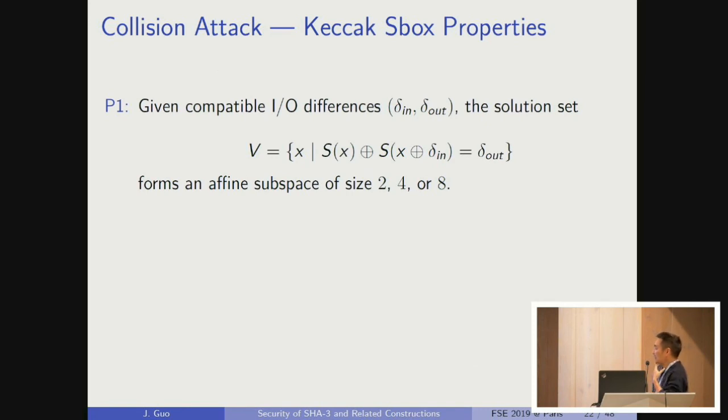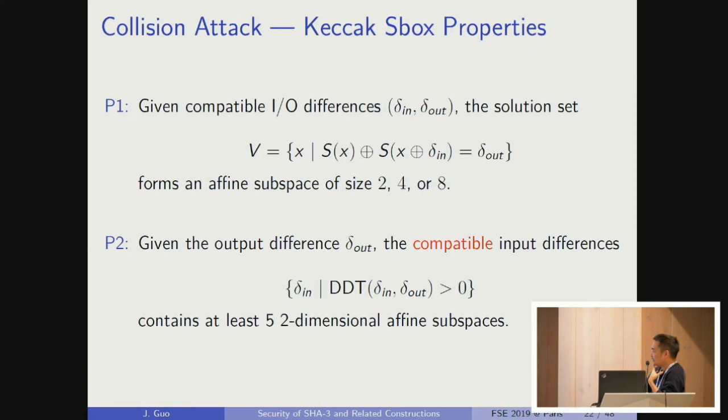There are several properties we use for this connector. The first one is that, given compatible input-output differences, the solution set forms an affine subspace of size 2, 4, or 8. Meaning if the DDT entry of this input-output difference is non-zero, then the solution set is automatically an affine subspace.